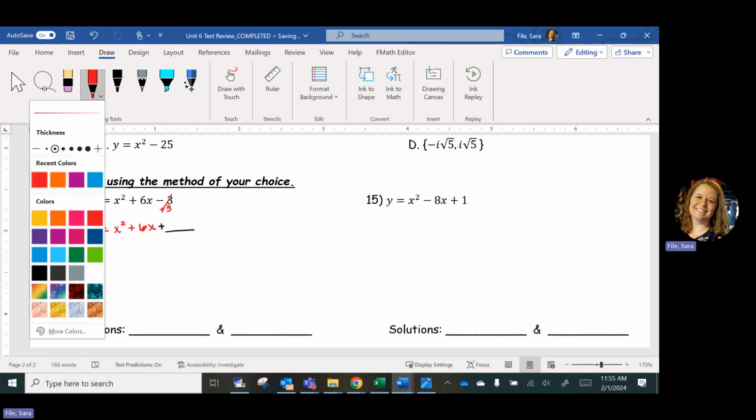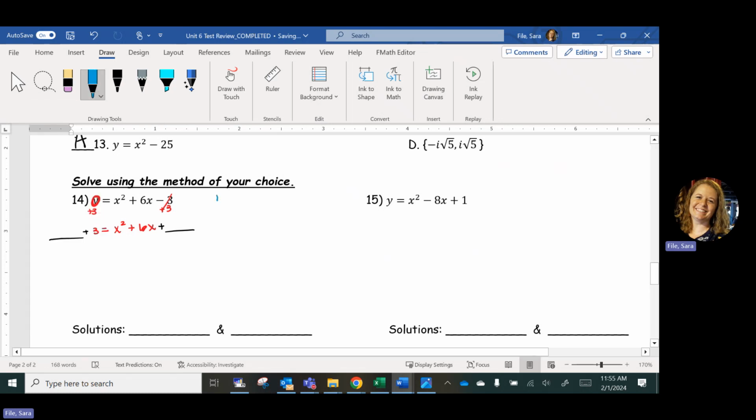To figure out what goes in that blank, remember it's b divided by 2 squared. So your b value is right here at 6. So 6 divided by 2 is 3. And 3 squared is 9. So 9 goes in those blanks.